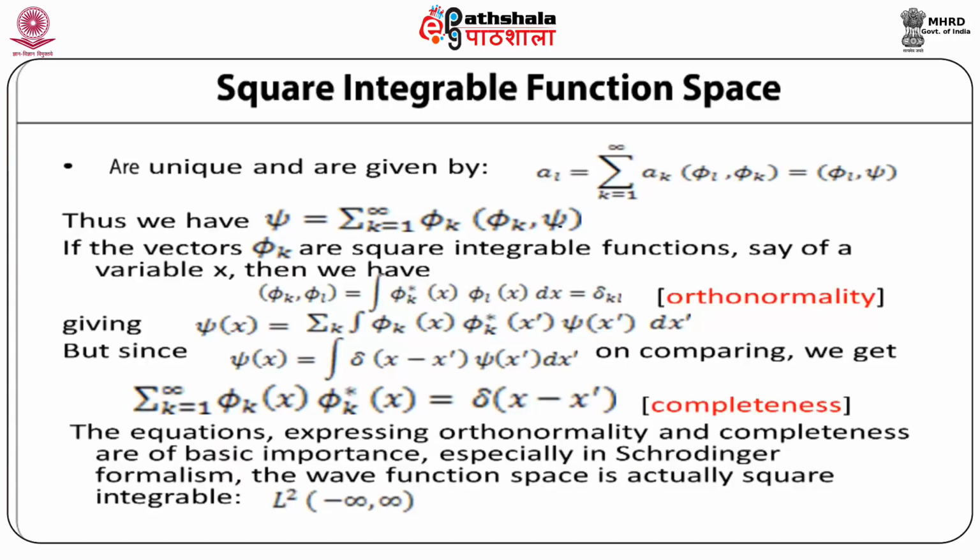The coefficients ak in the expansion for psi equal to summation k going from 1 to infinity ak phi k are unique and are given by al is equal to summation k going from 1 to infinity ak into the inner product or the scalar product of phi l and phi k, and is equal to the scalar or the inner product of phi l and psi.